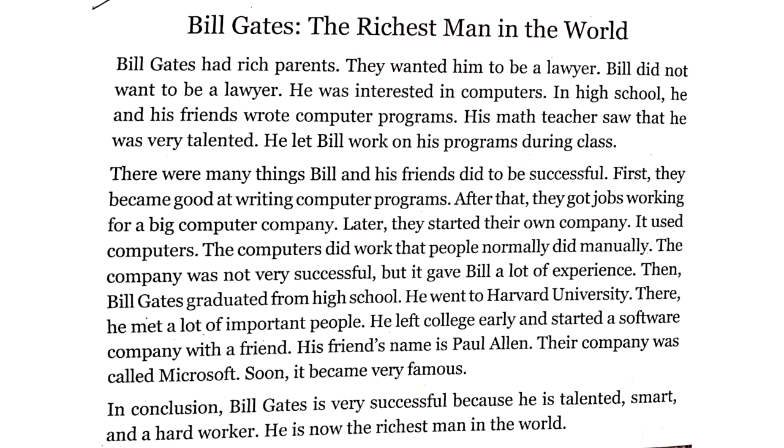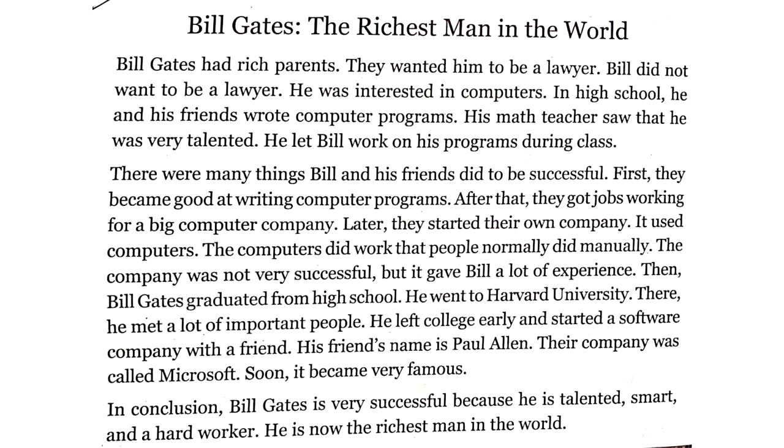There were many things Bill and his friends did to be successful. First, they became good at writing computer programs. After that, they got jobs working for a big computer company. Later, they started their own company. It used computers. The computers did work that people normally did manually. The company was not very successful, but it gave Bill a lot of experience. Then, Bill Gates graduated from high school.